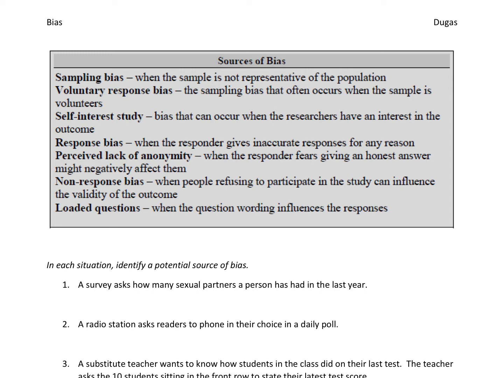Voluntary response bias. This is the sampling bias that often occurs when the sample is volunteers. So if you just let anyone in a restaurant volunteer to give feedback, the problem is that you're more than likely going to only get the extremes.